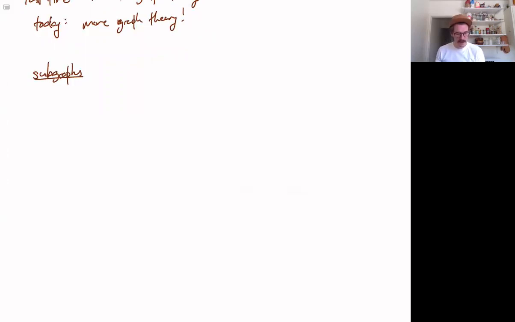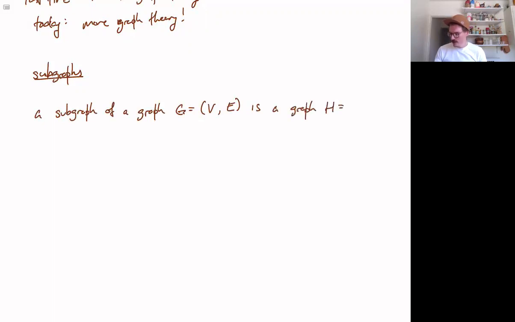It is hopefully more or less what it sounds like. So a subgraph of a graph G, which is a set of vertices and a set of edges, is a graph H, which has its own set of vertices and its own set of edges.